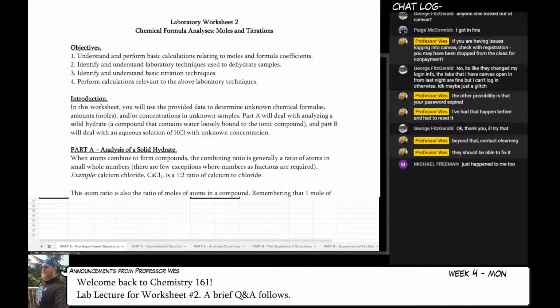Okay, so lab worksheet number 2 is going to do a lot of calculations with moles and titration. These are techniques that we covered at the very end of 140, and we're going to review them here. You're not really going to use these calculations terribly much in this class, except for just some basic stuff in the end of Chapter 2 and Chapter 6, like we just said.